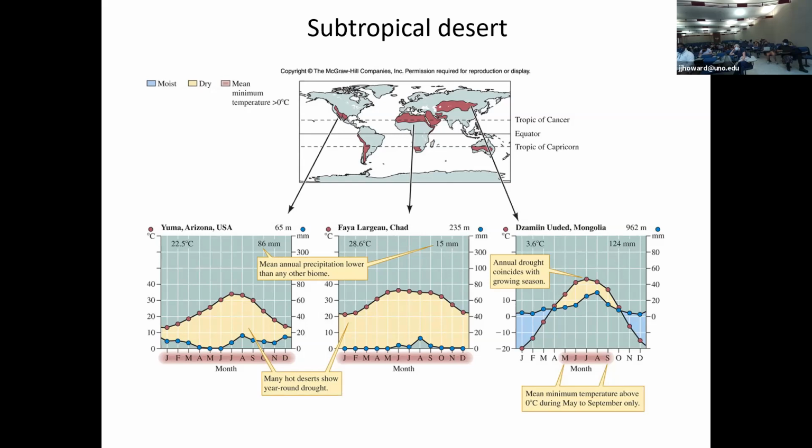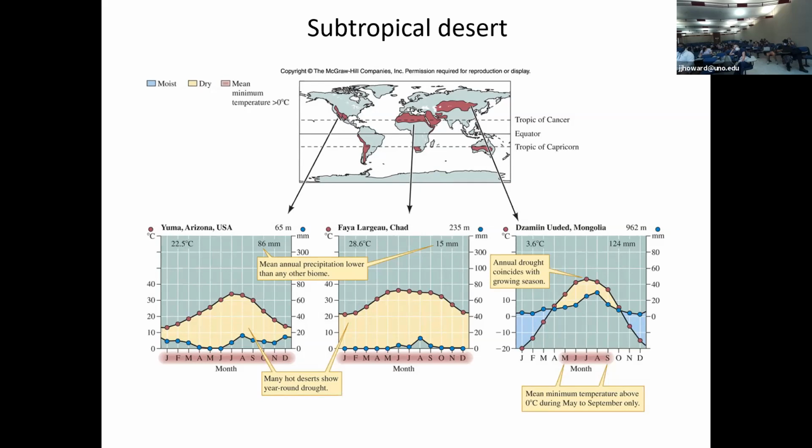Okay. So the question is, if we know something about what generates deserts, is it possible to reverse that process? And the answer is yes. Now, it's hard because you are at the mercy of large scale weather patterns. But as you will see later in the course, local rainfall is mostly derived from local plant growth.